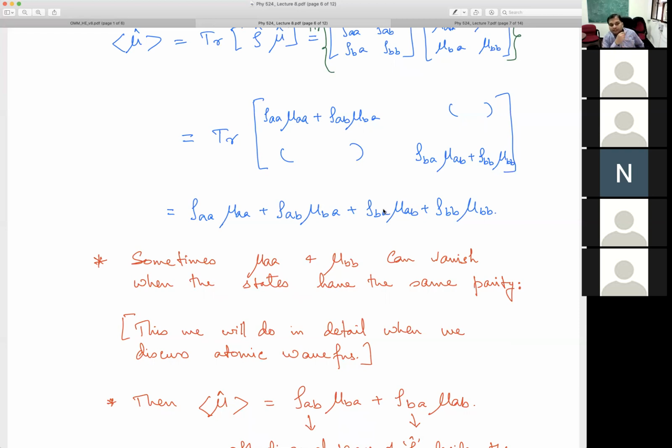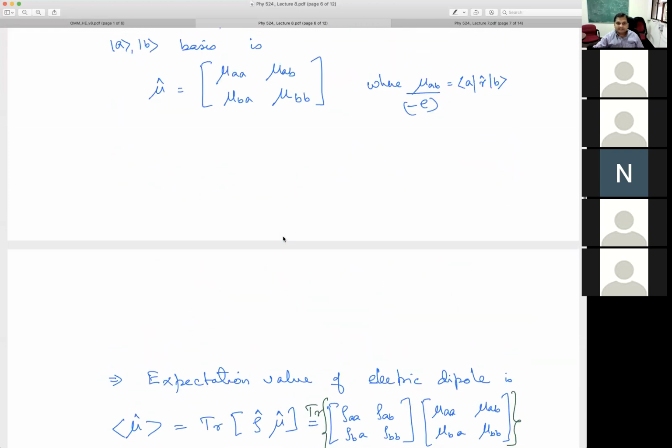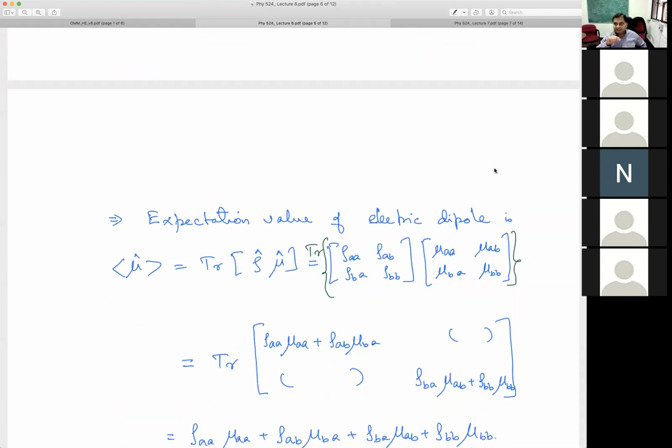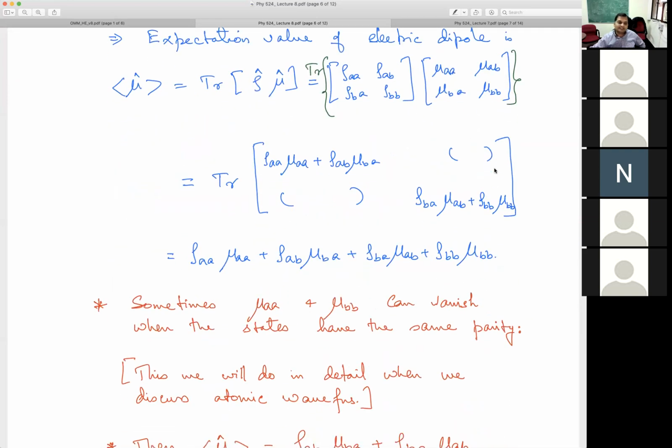It becomes even more dramatic because for specific transitions, if the electronic states are of a specific parity, then these terms will vanish. For example, phi a when r goes to minus r is phi a, so it doesn't change sign, and the r operator is odd in r, so the whole expectation value becomes an odd integral, and terms like mu a can vanish.